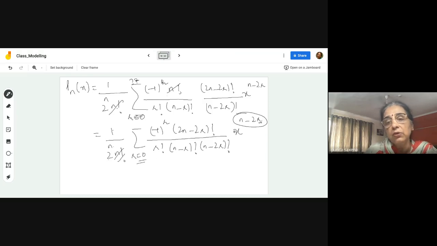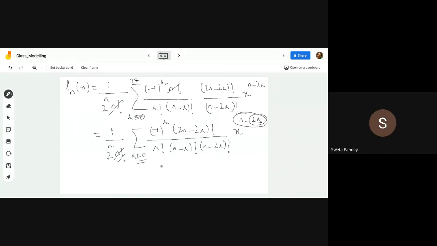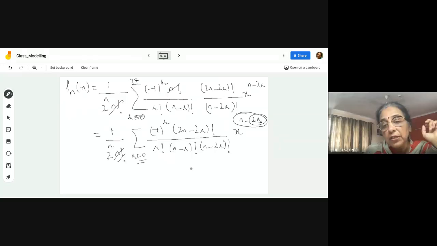So when r is 0, this is x to the power n. When r is 1, it is x to the power n minus 2. When r is 2 and so on and so forth. But how far can r go? You have a 2r here. n by 2.